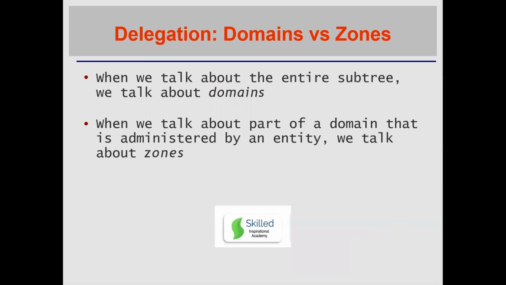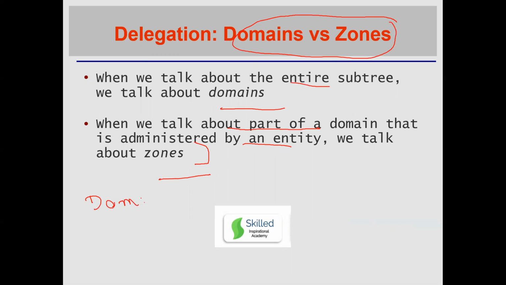I will go further on what is the difference between domain and zone. Domains versus zone. When we talk about the entire subtree, we talk about domains. When we talk about part of a domain that is administered by an entity, we talk about zone. So that is important.